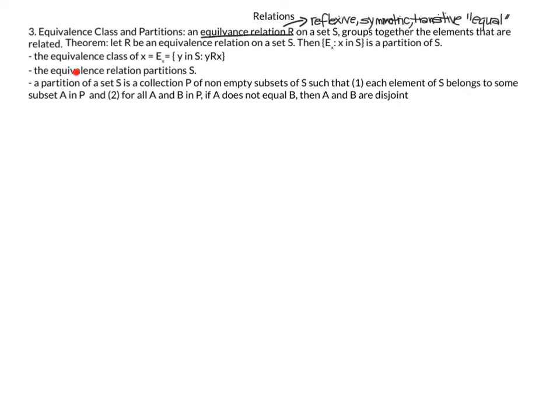So what an equivalence relation does is it partitions our set S, so that each part is the set of things that are equal to each other. The partition groups together everything that is considered equivalent or related. So it's related, but it's an equivalence class, so they're kind of like equal.